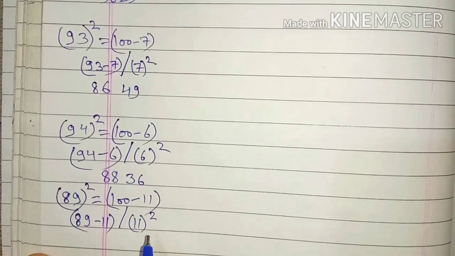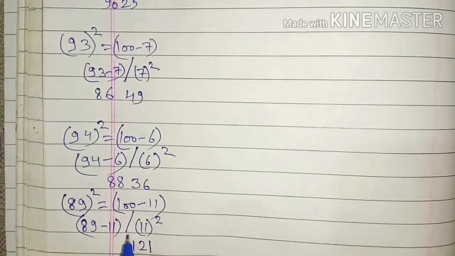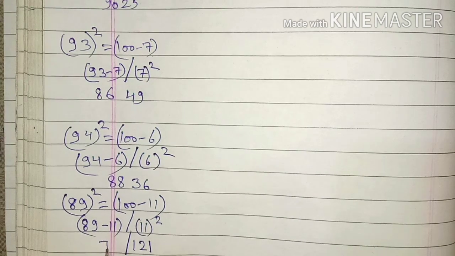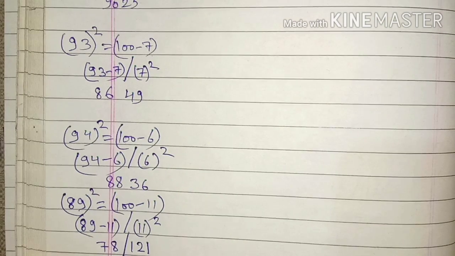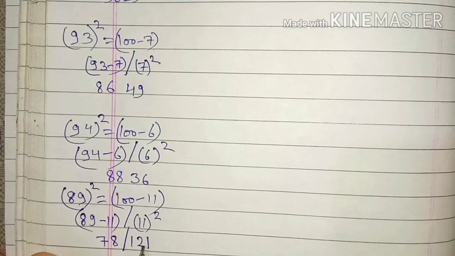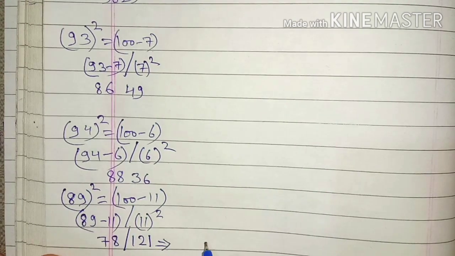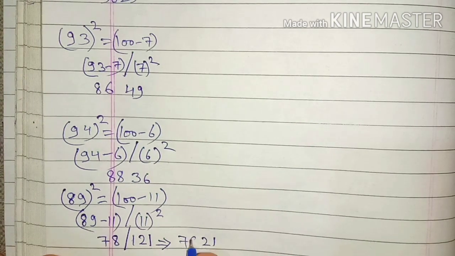Square of 11 is 121 and 89 minus 11 becomes 78. Now what to do? We have to keep only two digits. So we keep 21 on the right and 1 is carried to the left side. 78 plus 1 becomes 79.